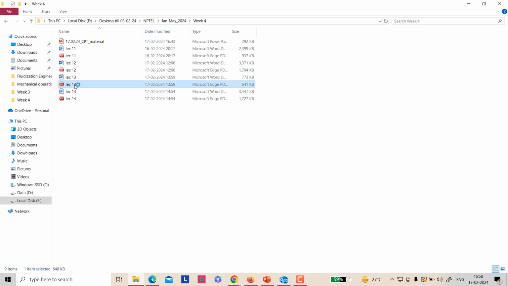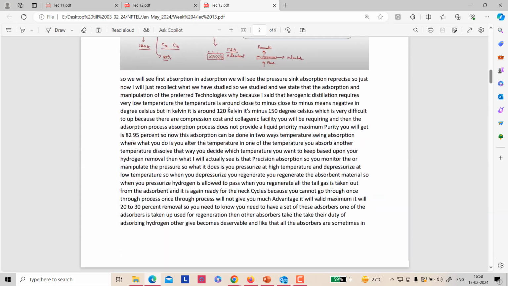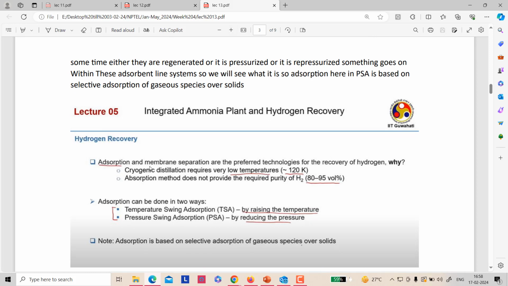So you can see this here. Adsorption and membrane separation are the preferred technologies for the recovery because cryogenic distillation, as I have told already, requires very low temperature, that is 120 Kelvin, so it is in minus degrees centigrade, and the absorption method does not provide the required purity.